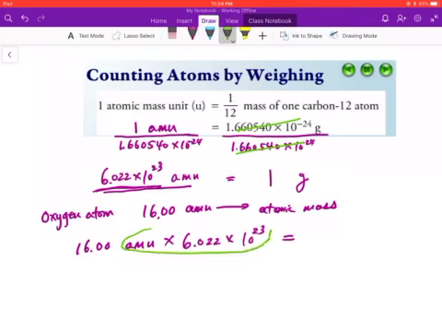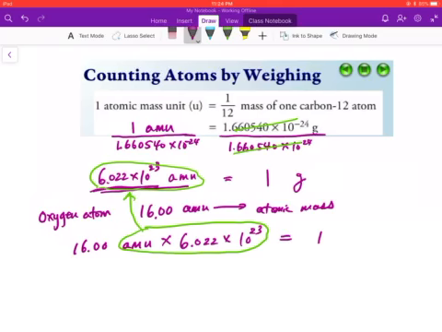Once I do that, notice this is effectively the same thing as that, isn't it? They're the same thing. Well, 6.022 times 10 to the 23rd AMU is a gram. So if I multiply that many for the oxygen atom, then this many will weigh 16.00 grams.